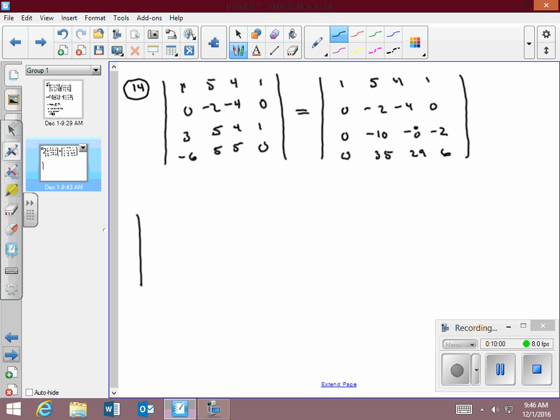So if I multiply 2 times the second row, 1, 5, 4, 1, 0, minus 2, minus 4, 0, minus 5 times the second row, right?